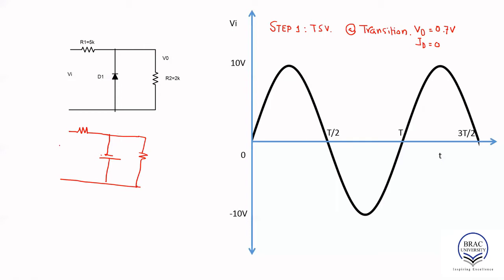So let's say our Vi is positive, where R1 is equal to 5K and 0.7 volt and R2 is equal to 2K, which is our Vo.